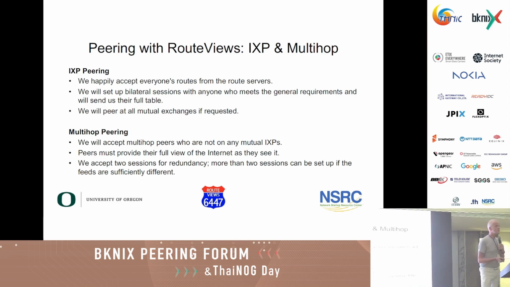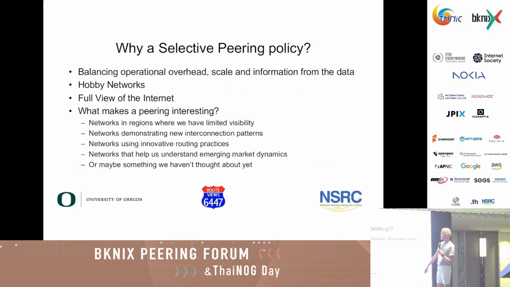And some network operators simply are not at any exchange points at all, so we'll have multi-hops there. We're not going to peer with you at an IX and then have a multi-hop also, unless your multi-hop is extremely different from what we see at the IX. Anyway, this is really the explanation of the selective peering policy.